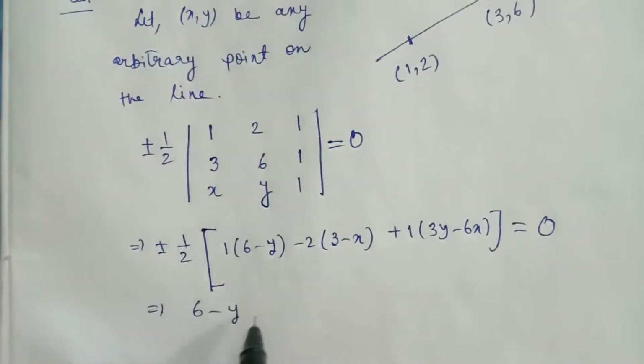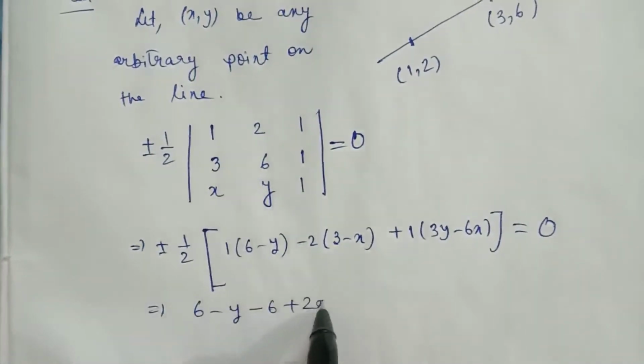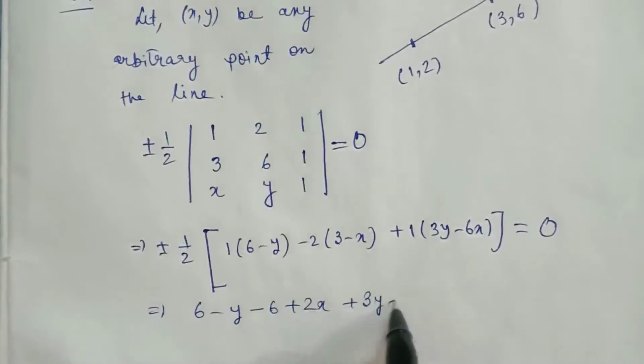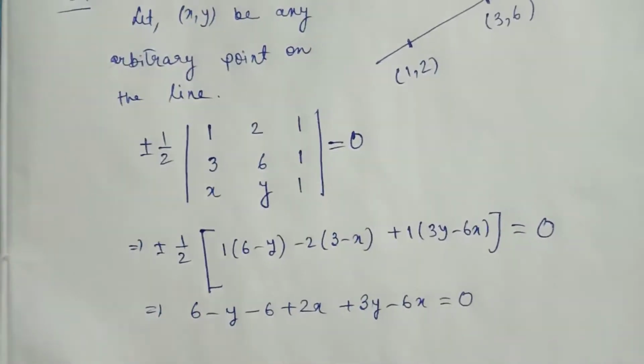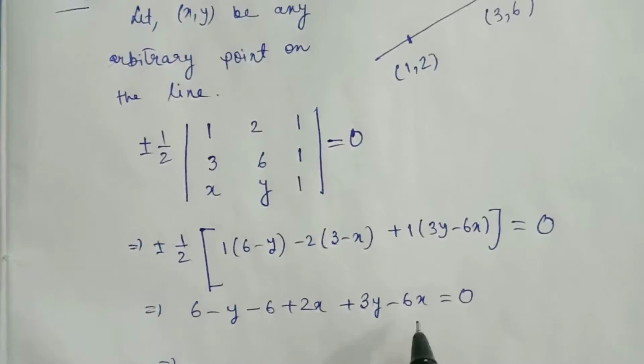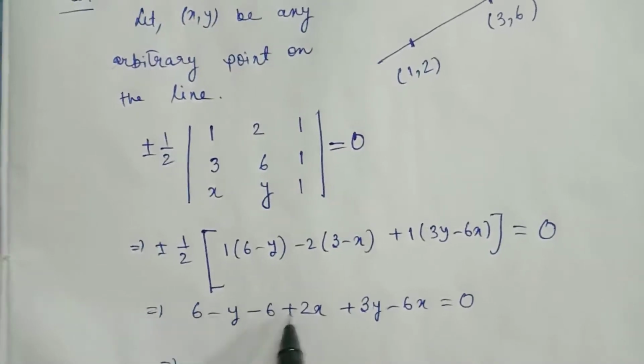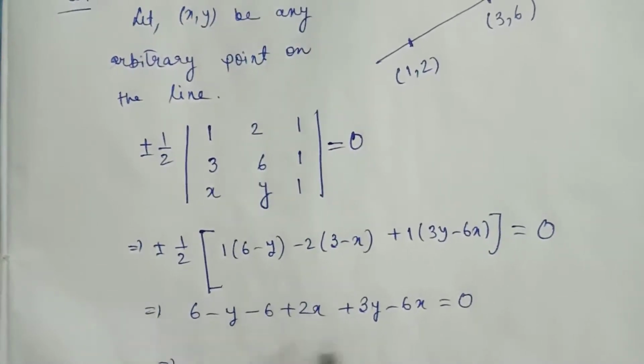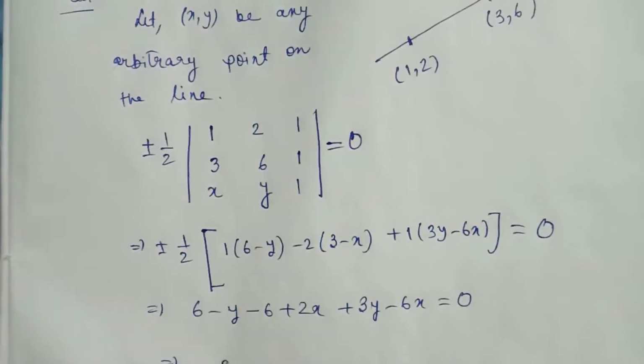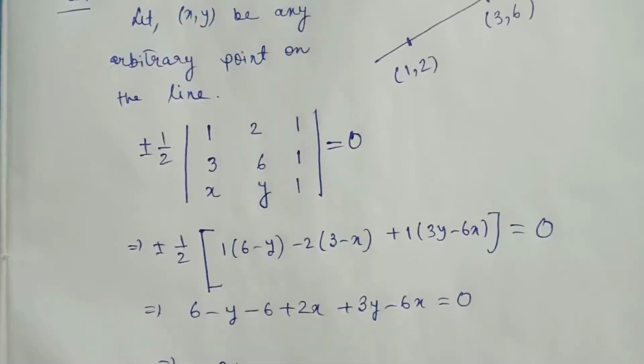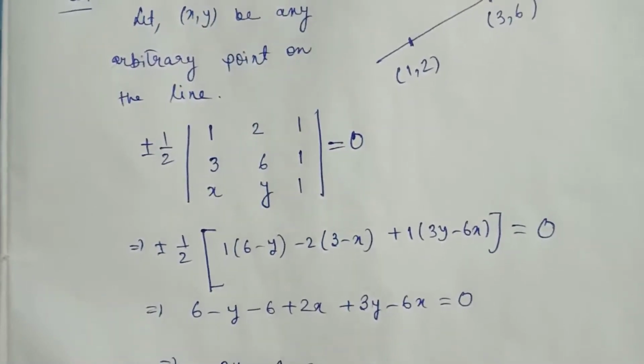So 6 minus y minus 6 plus 2x plus 3y minus 6x is equal to 0. So plus 6 and minus 6, these two will get cancelled. 3y minus y will be 2y, 2x minus 6x will be minus 4x, equal to 0.